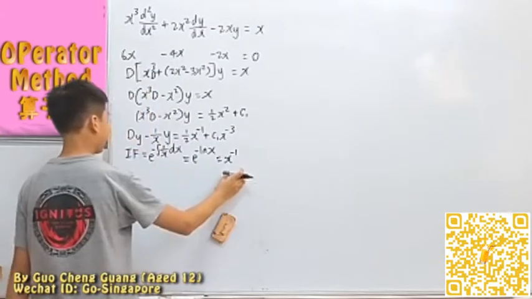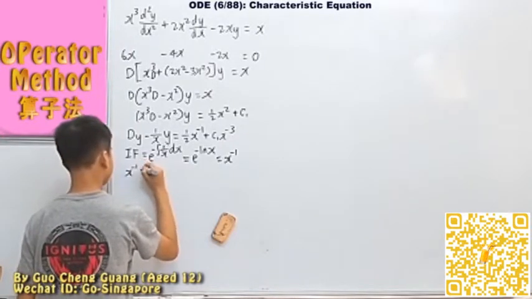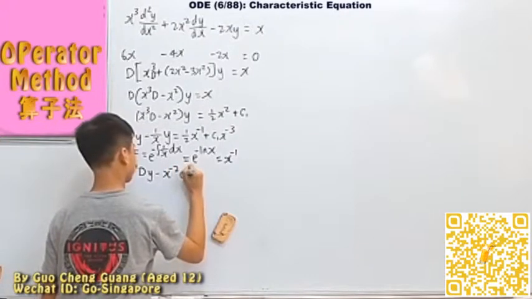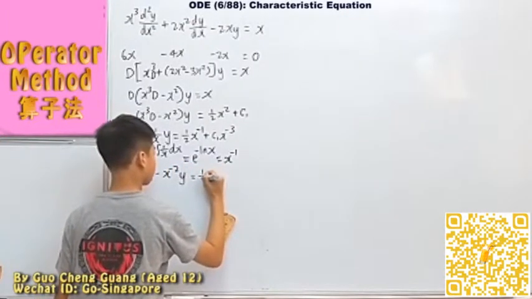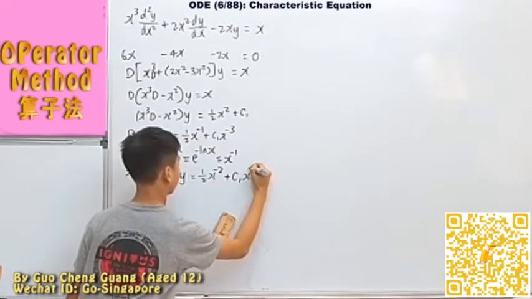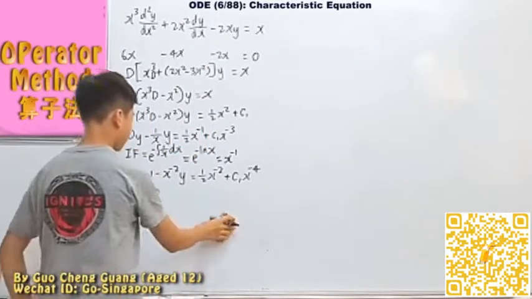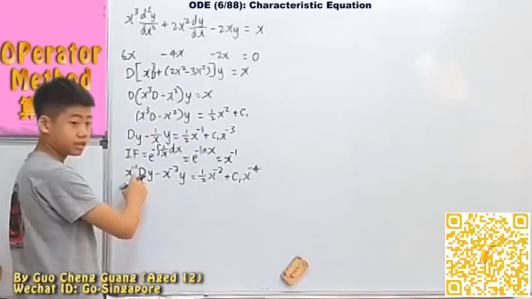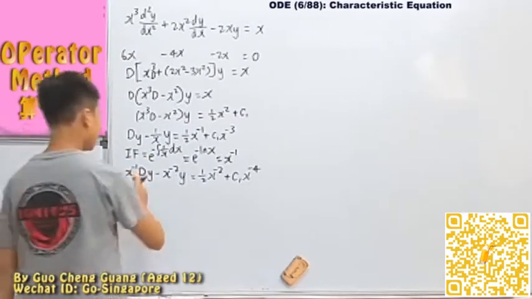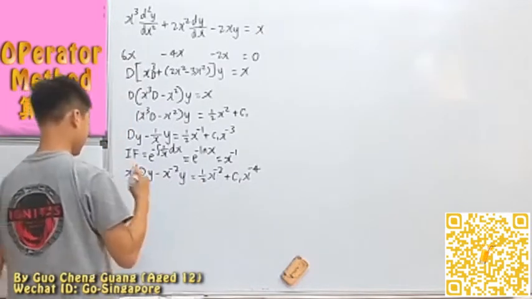So then for this part we multiply on both sides of the equation. And that's what we're going to get here. Just take note that this dy over here is actually dy dx. So since this is dy dx, we can just multiply by dx on both sides.